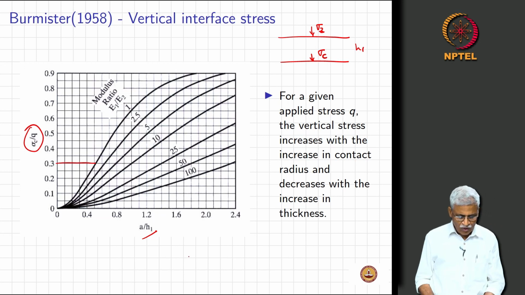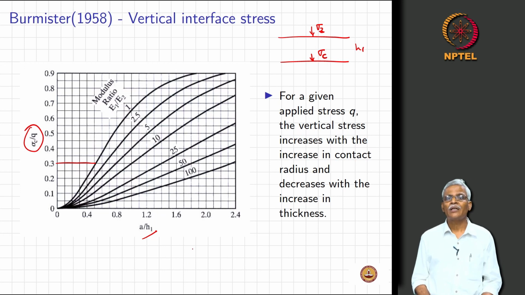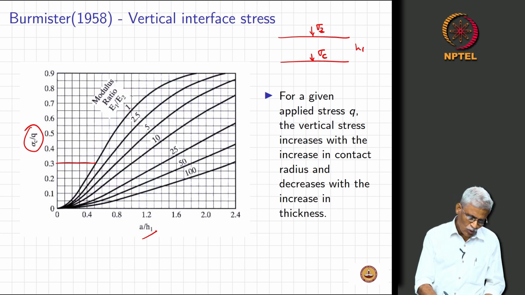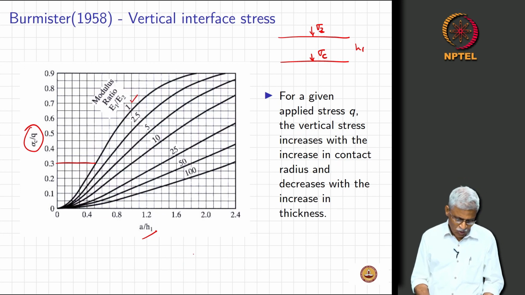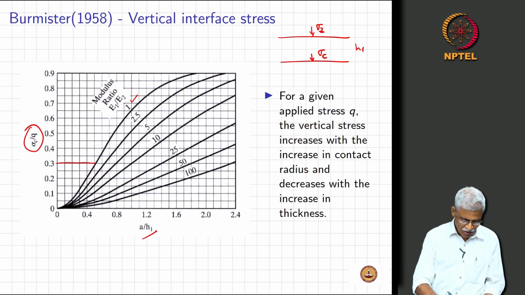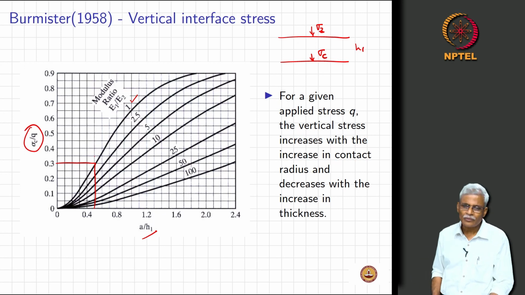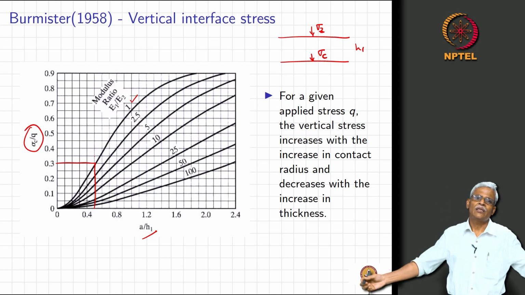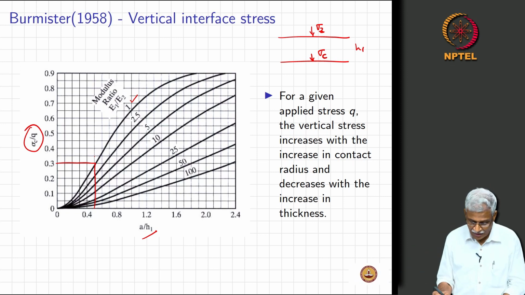If you want to restrict sigma c by q to, let us say, 30%, and you use E1 by E2 as 1, your A by h1 is going to be of this order. So, for any given contact radius, the thickness becomes sufficiently large.